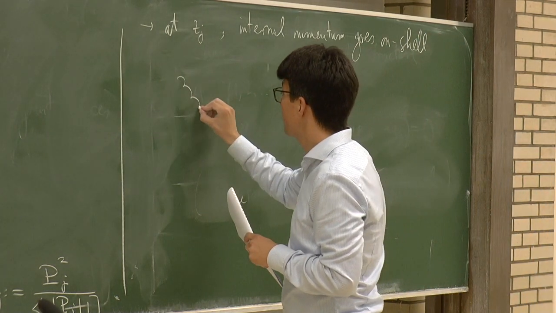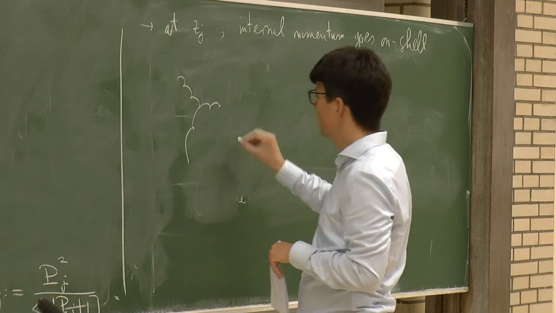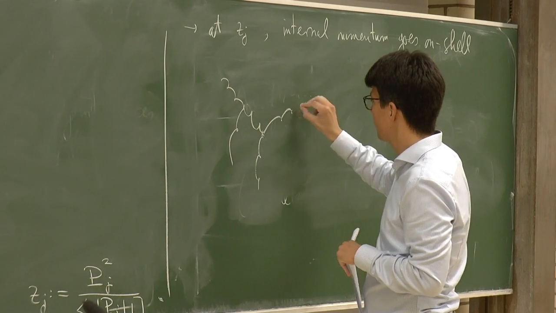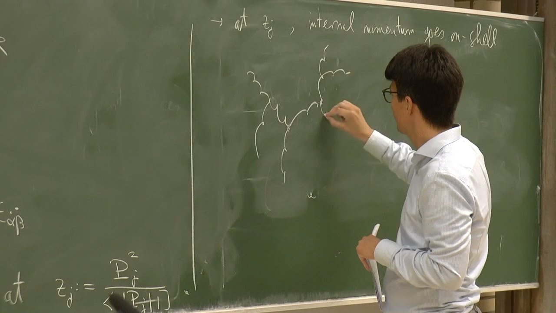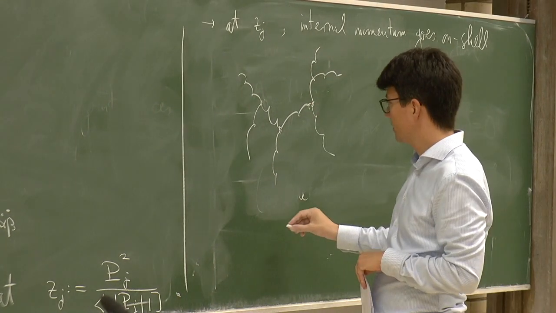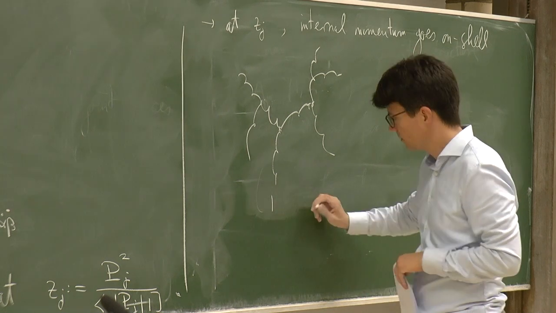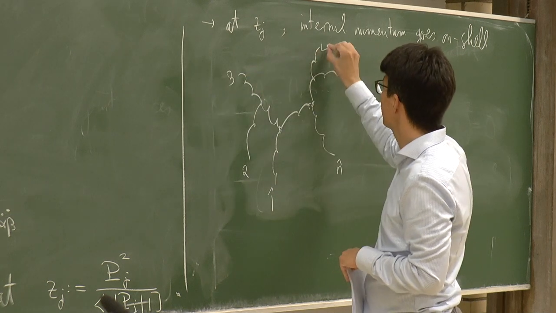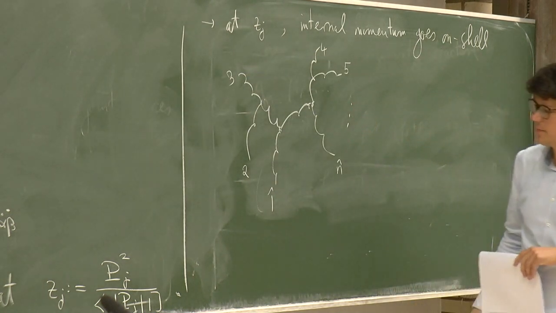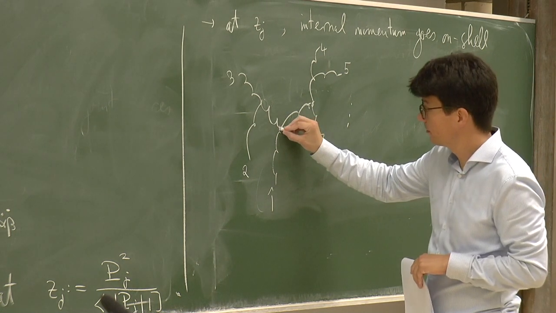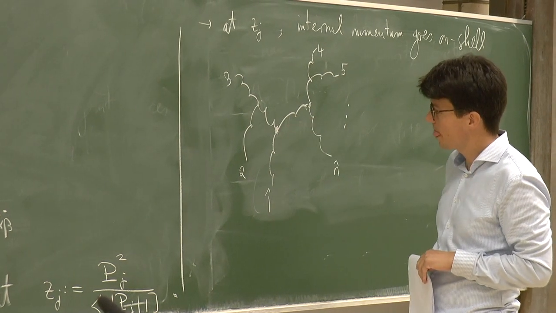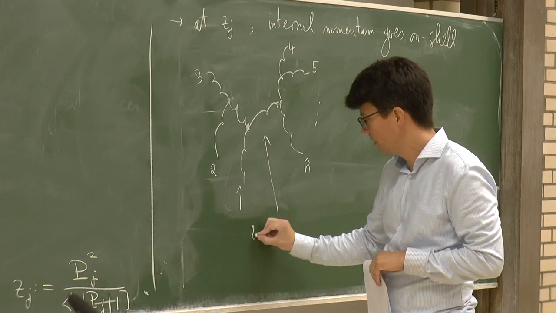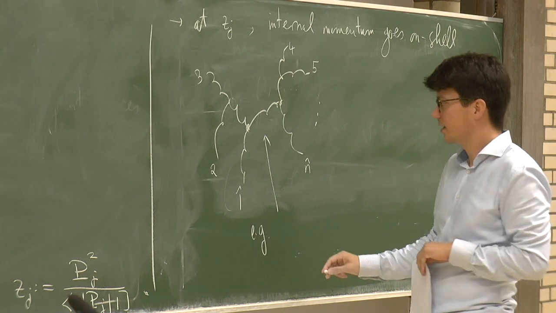So if you think about the whole amplitude, let me just try to write some sample Feynman diagram. Okay, so let's say we had 1 here, which is shifted, we have n here, which is also shifted, and 2, 3, 4, 5. Here we could, for instance, look at this expression.